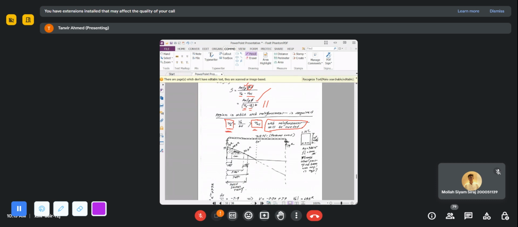Just simply, when your external shear stress is greater than the maximum shear strength of concrete, then you have to provide the shear reinforcement.